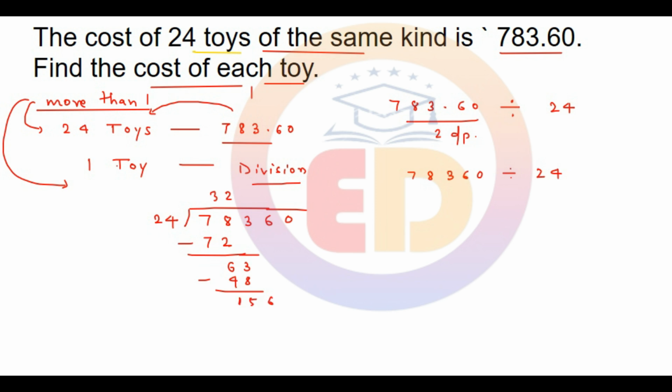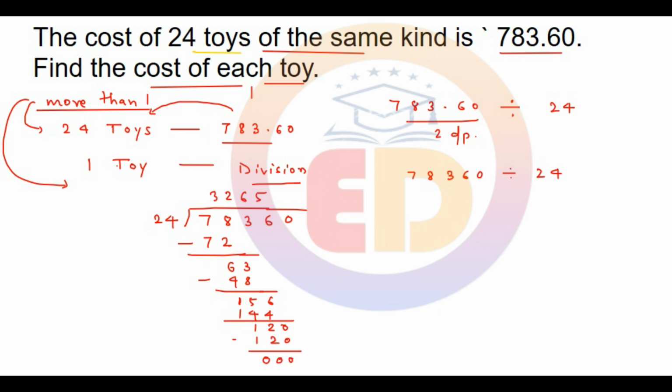I take the 6 down. 24 6s are 144. Subtracting, I get, this is 2, this is 1. I take the 0 down. 24 5s are 120. My division is complete.